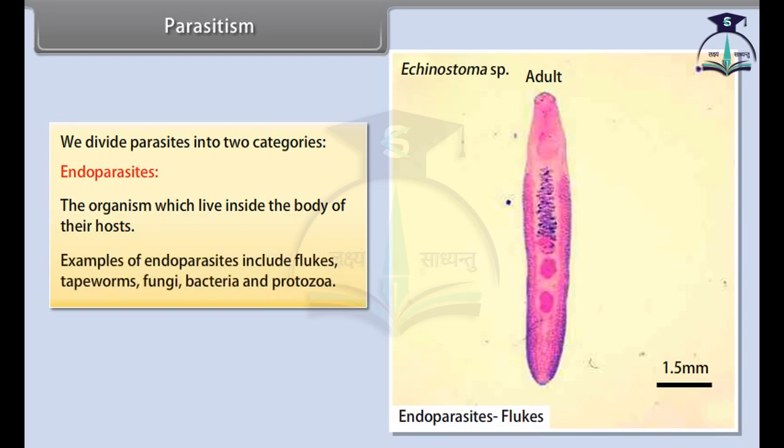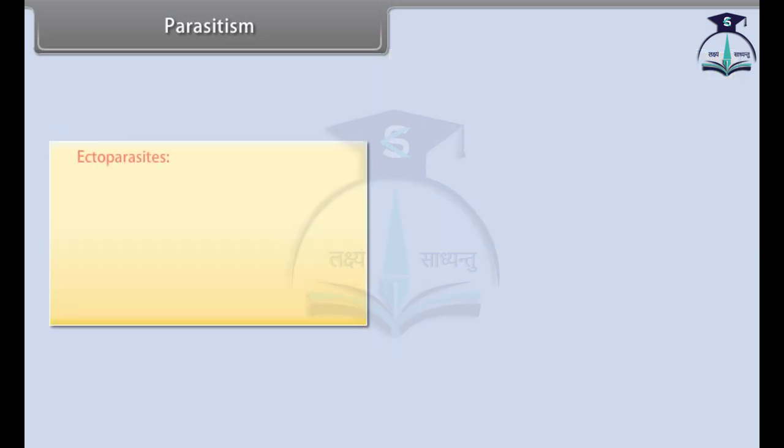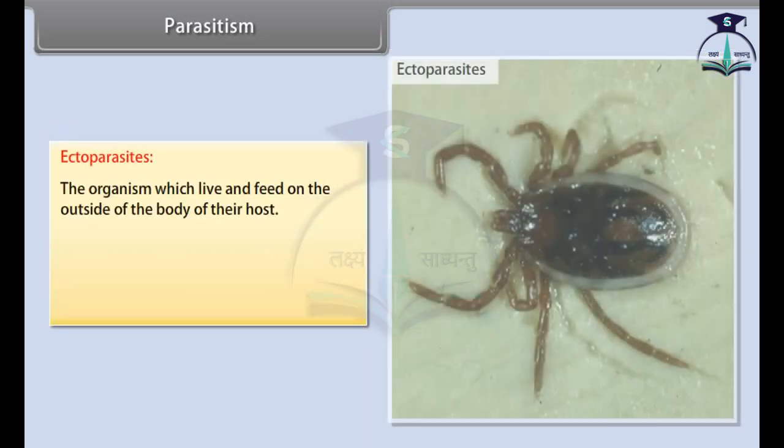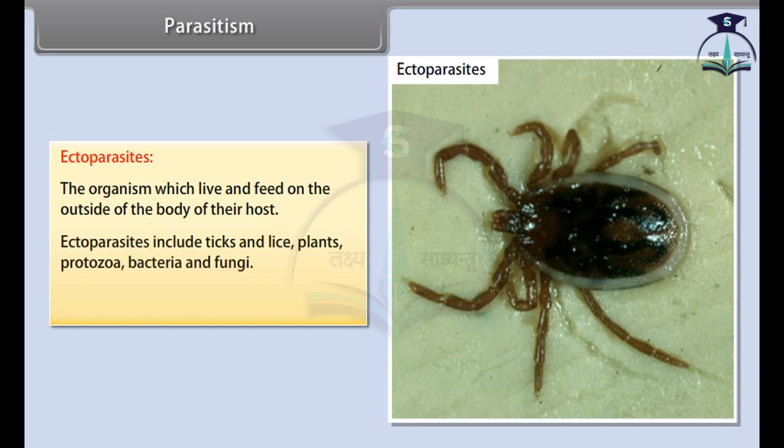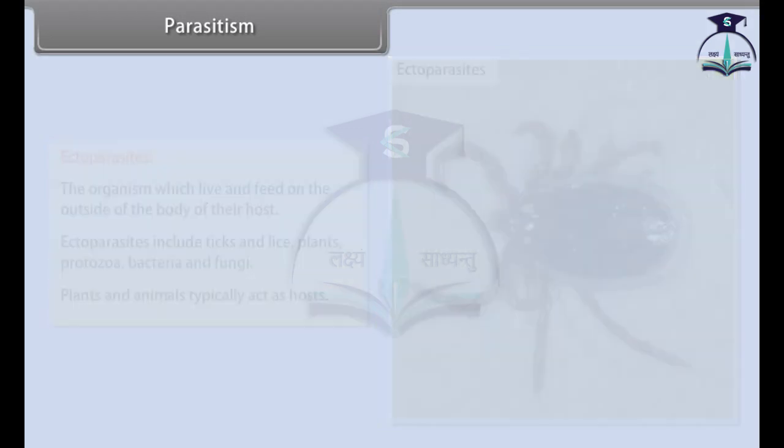Examples of endoparasites include flukes, tapeworms, fungi, bacteria, and protozoa. Ectoparasites, the organisms which live and feed on the outside of the body of their host. Ectoparasites include ticks and lice, plants, protozoa, bacteria, and fungi. Plants and animals typically act as hosts.